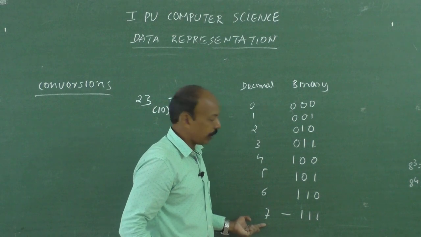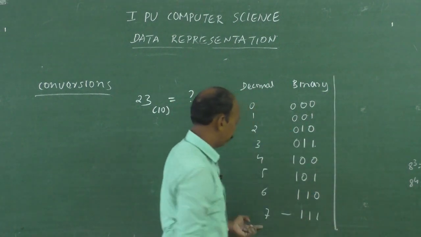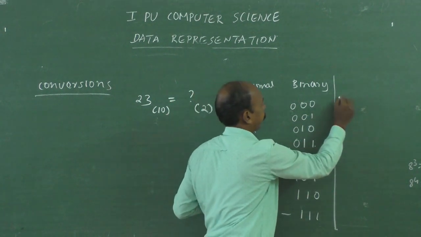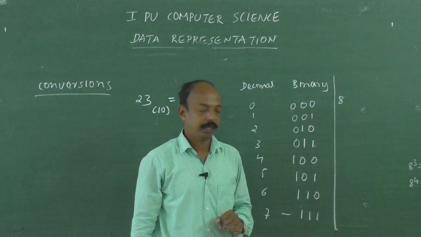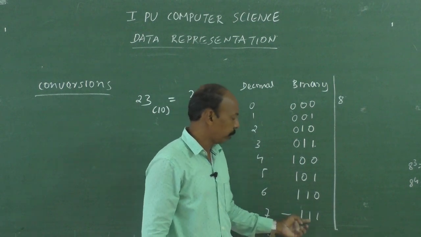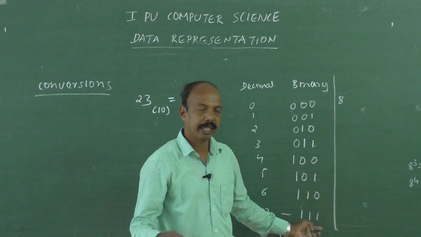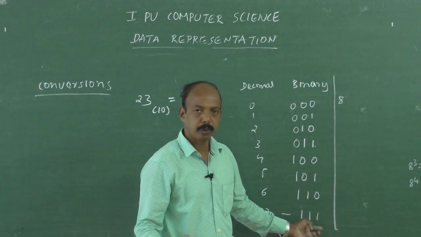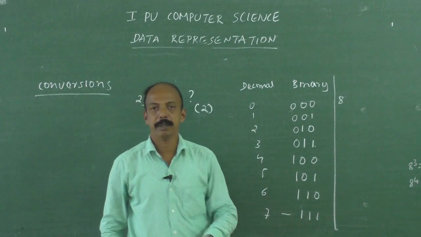Once we have reached 7, the question is: is it possible to represent 8 with respect to 3 bits? No, it's not possible, because 111 is the highest one, just like 99 in decimal. We can't have any other symbol with respect to two symbols, so we can't represent any other number.